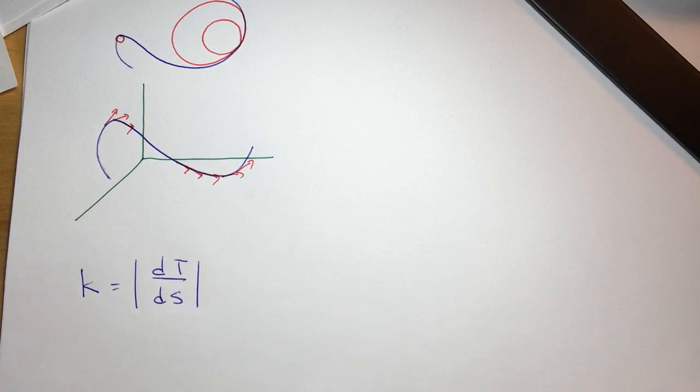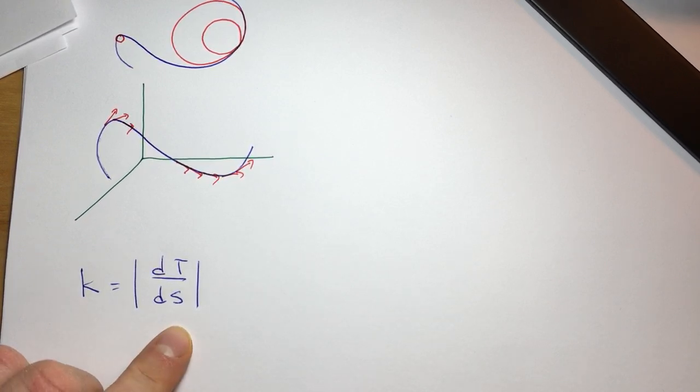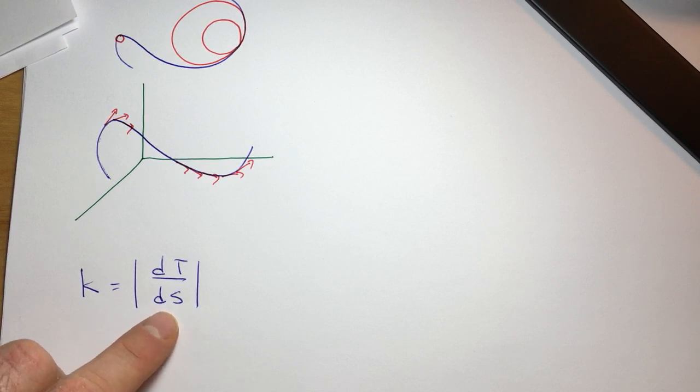Now, let us think about what this formula asks us to do. It asks us to reparameterize the curve with respect to the arc length, then evaluate the unit tangent vector, find the derivative of the unit tangent vector with respect to the arc length, and find the magnitude. Where is the problem here? Well, we mentioned in the previous lecture, the first part of 13.3, that the reparameterization with respect to the arc length is not always possible.